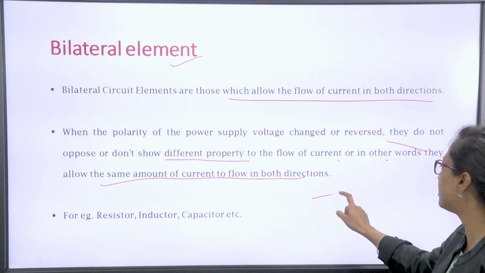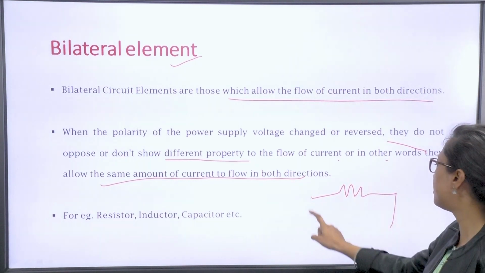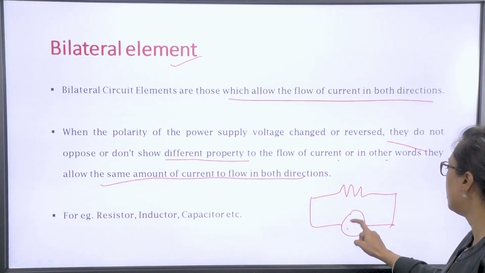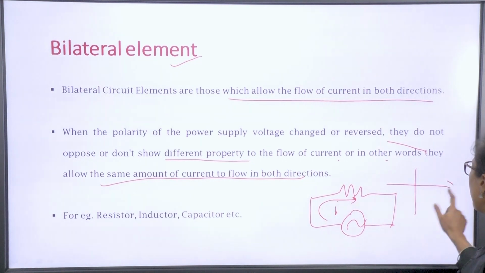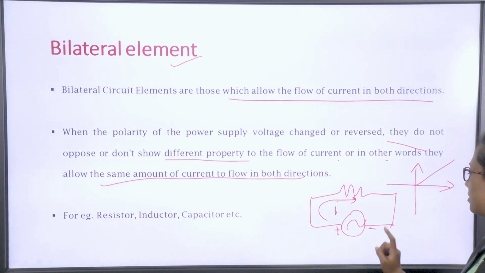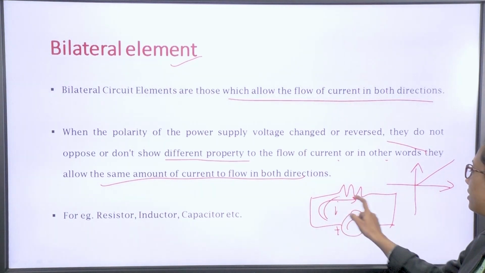For example, if we take a resistor connected with an AC source and the current is flowing through it, for the V and I, if this terminal voltage is positive and this terminal is negative, the current will flow in this direction.